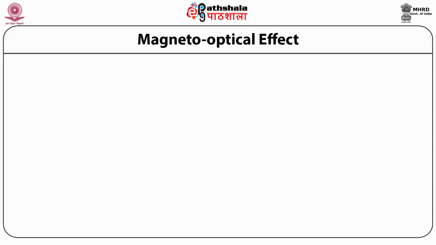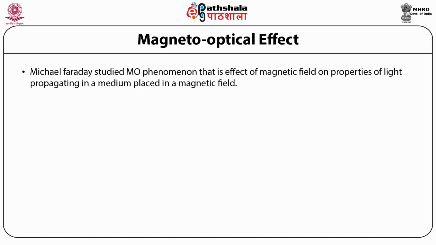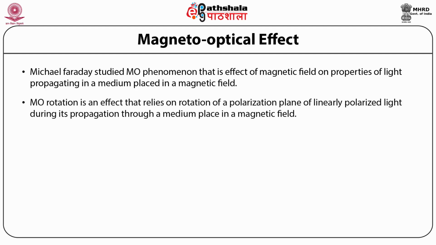Magneto-optical effect. Michael Faraday studied the magneto-optical phenomena, that is the effect of a magnetic field on properties of light propagating in a medium placed in a magnetic field. So magneto-optic rotation is an effect that relies on rotation of the polarization plane of linearly polarized light during its propagation through a medium placed in a magnetic field.